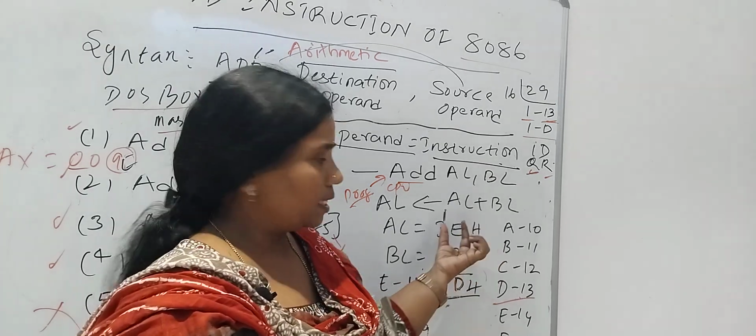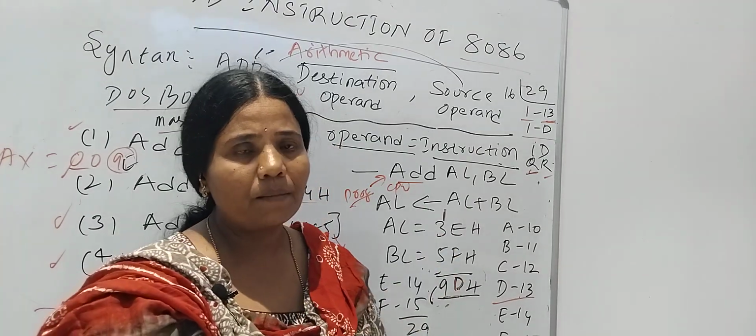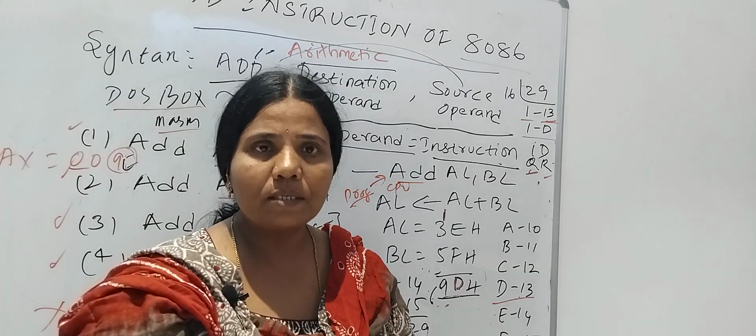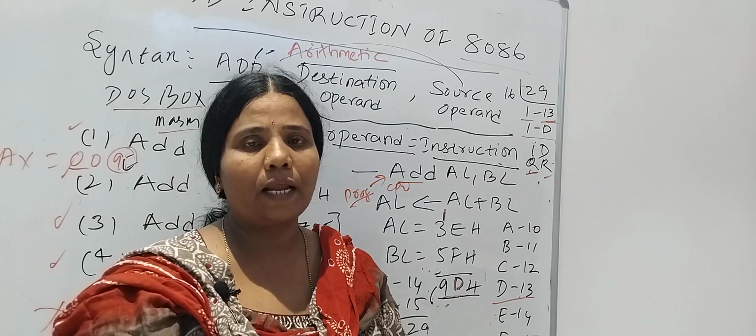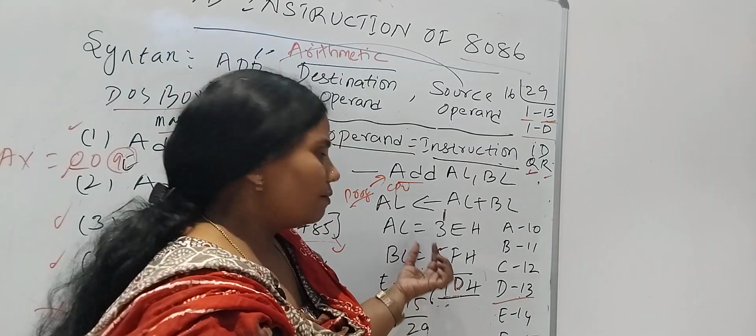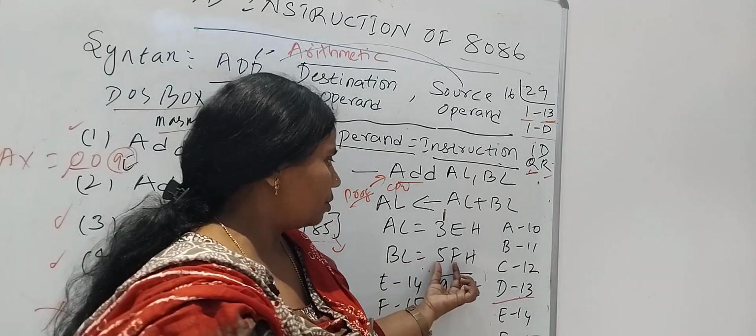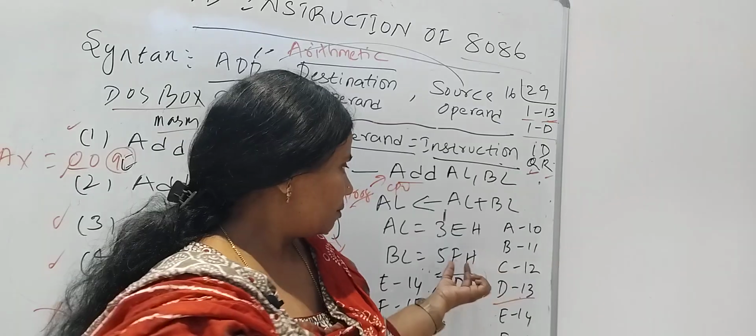H represents a hexadecimal number. A programmer can give numbers in octal, decimal, hexadecimal or binary. Here we are giving it in hexadecimal. BL represents the 2-digit hex number 5FH.